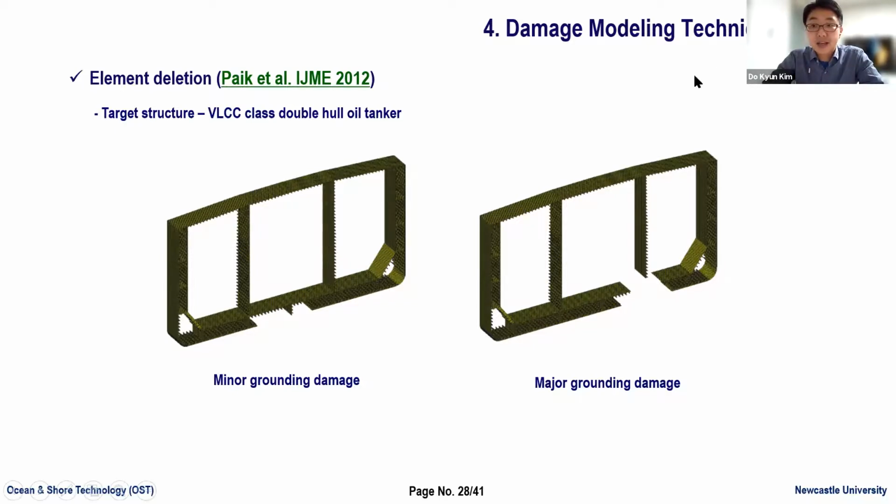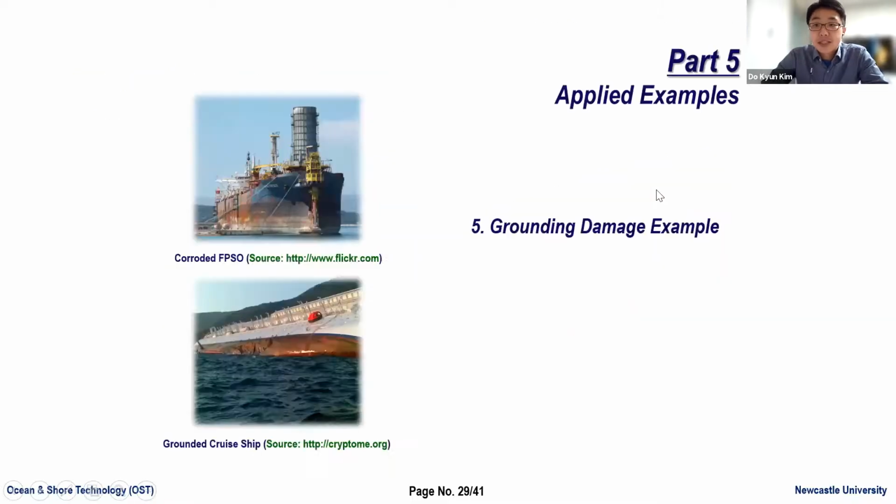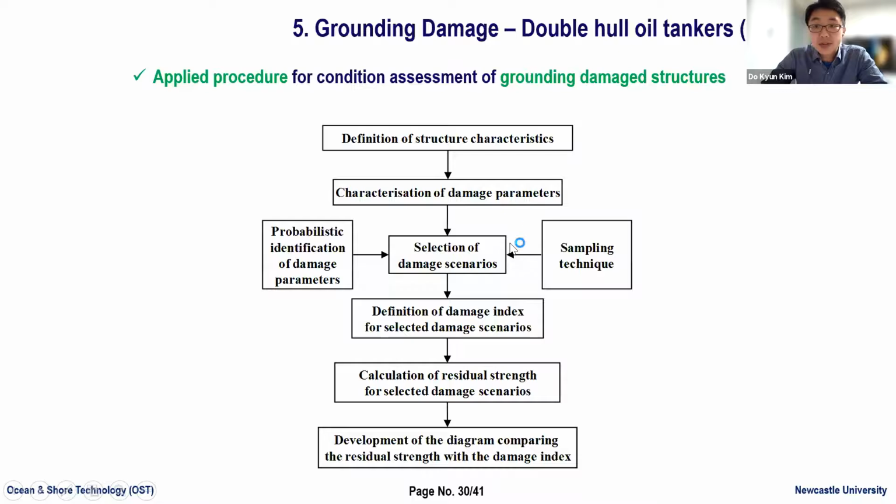That is the technique. Of course, it might overestimate the damage, but it might be helpful for us to move one step forward easily. So to apply the example, this might be useful. And this diagram we discussed earlier, so I will skip it.